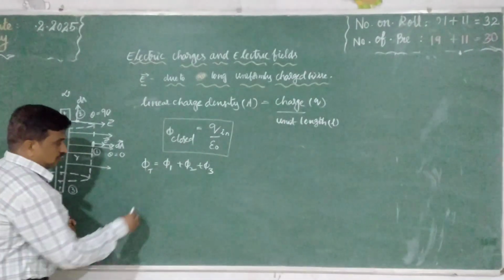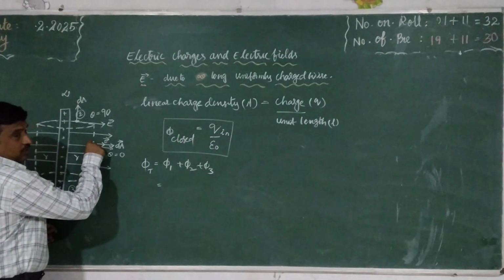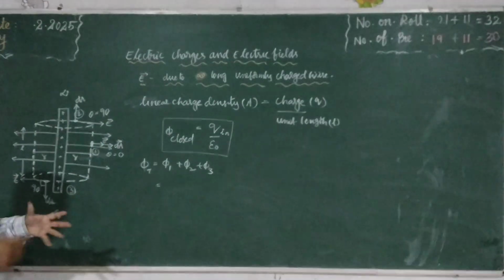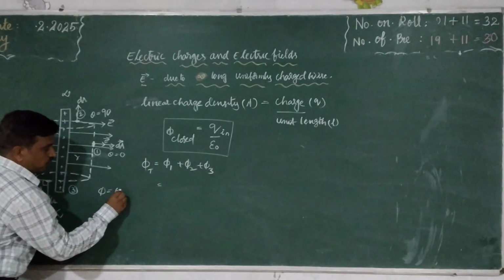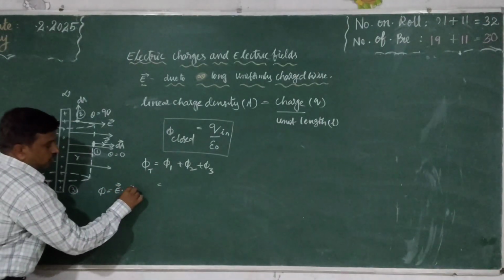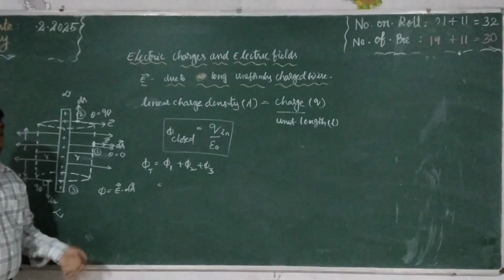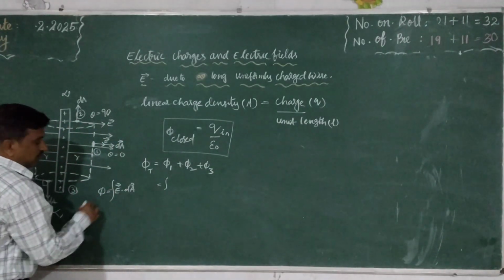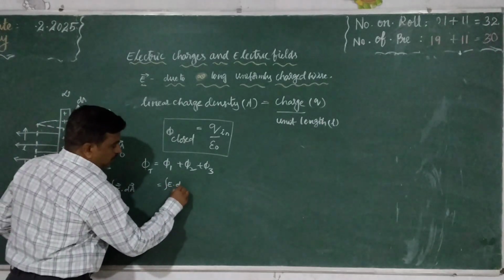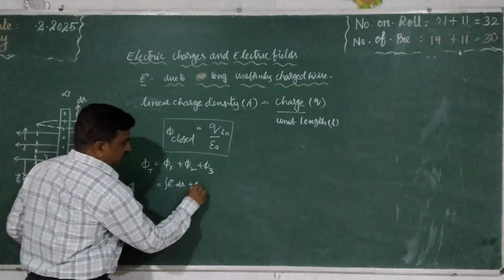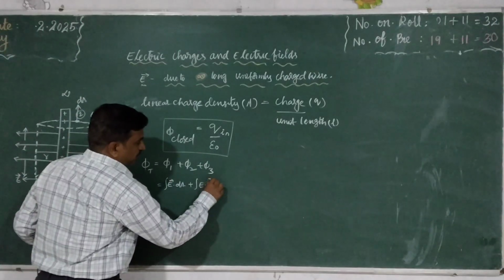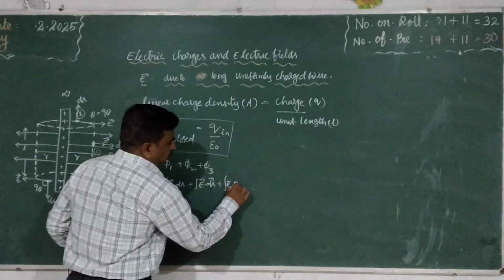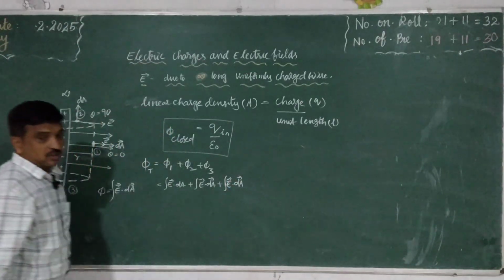Now we can write the flux. Flux means we take small areas and add them, and we get an integral. So the flux formula is flux equals the integral of E dot dA, where E is the electric field vector and dA is the area vector.